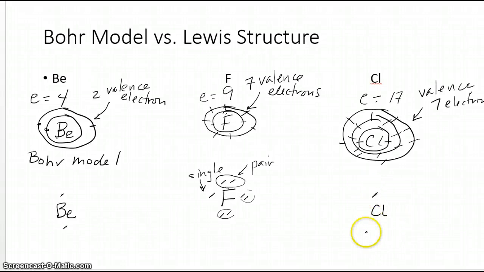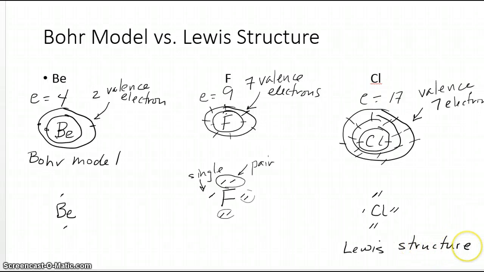Again, 1 electron north, south, east, west, then I go back up to north, south, east, and here is the one location where this atom can bond. These are called Lewis structures, what we've drawn before. And these Lewis structures allow you to predict how each of these elements is going to behave when there are other different elements around it.